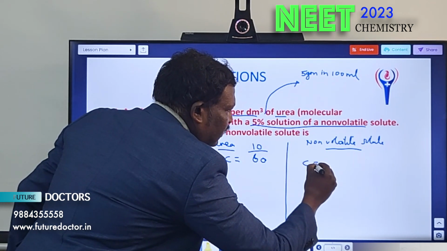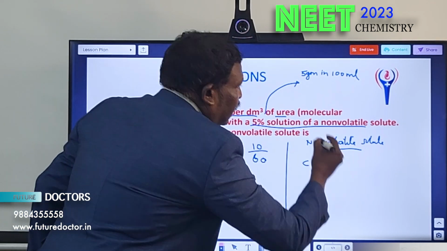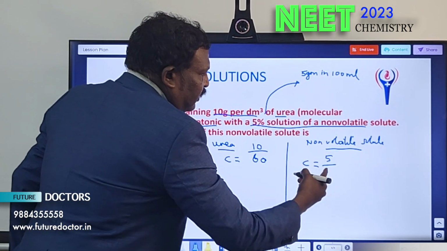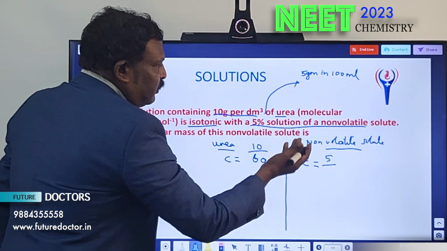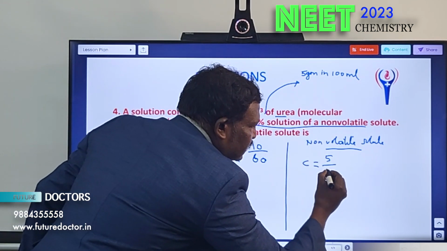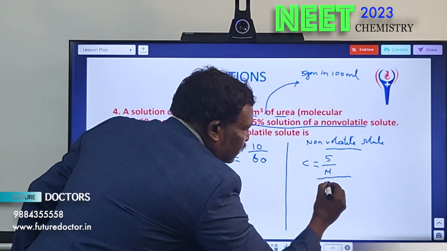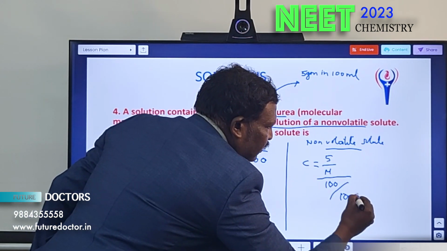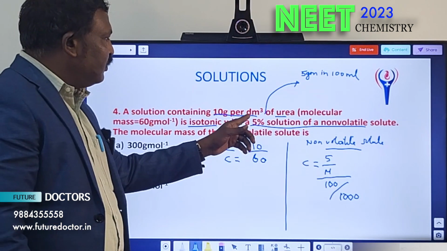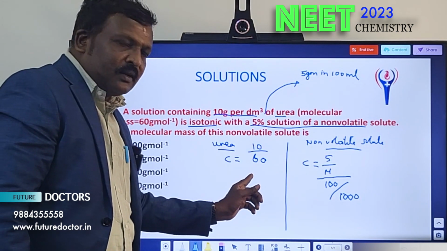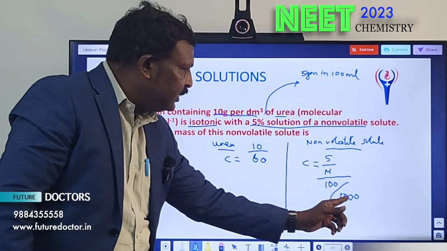So here also find out the concentration. C is equal to 5 gram in 100 ml. Mass by molar mass, but molar mass of the non-volatile solid we don't know. So simply write M. Last time we had liter, so I didn't put anything. Now we have 100 ml, so 100 by 1000.